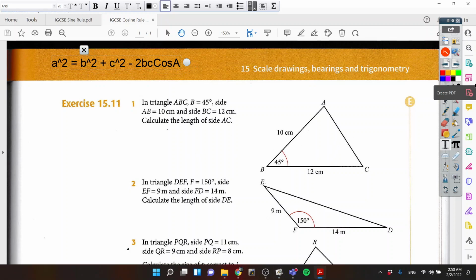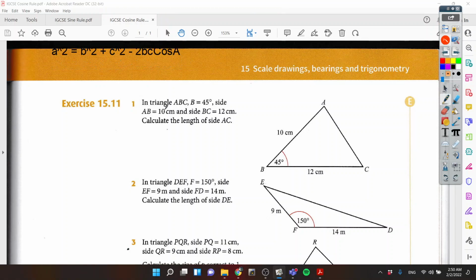So in this triangle, when I look at number one, in ABC, B is 45 degrees. They've already marked it. AB is 10 centimeters, BC is 12 centimeters. Calculate the length of side AC.